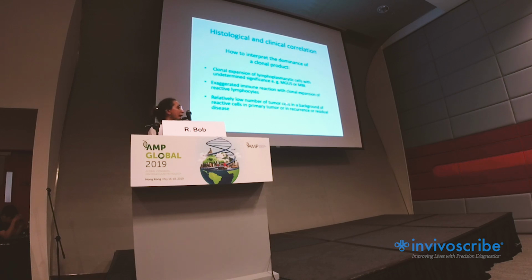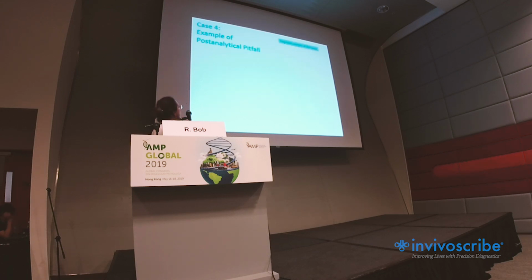Or it could be reactive in an autoimmune disease or in a viral infection. And you may have a small dominant peak which could be representative of a tumor population in a huge background of reactive cells, or it could also be just a small dominant reactive clone.